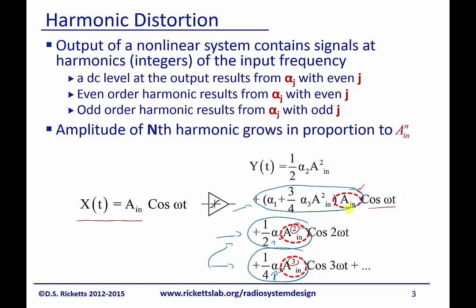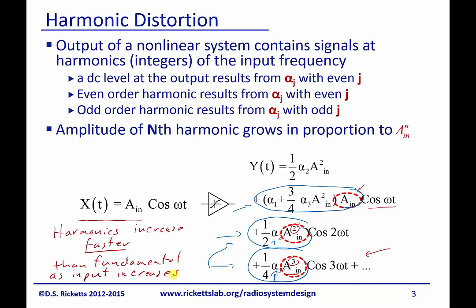So as the input increases, I'll go back to my red pen here, as the input increases, these harmonics grow at a faster rate. So I'm just going to write that down. Harmonics increase faster than fundamentals as input increases.